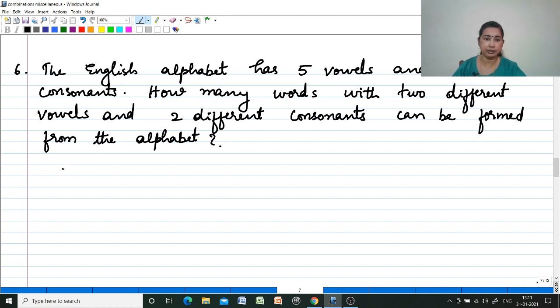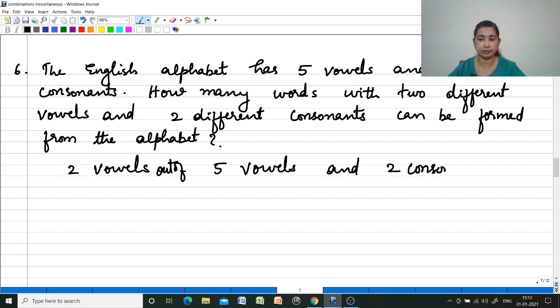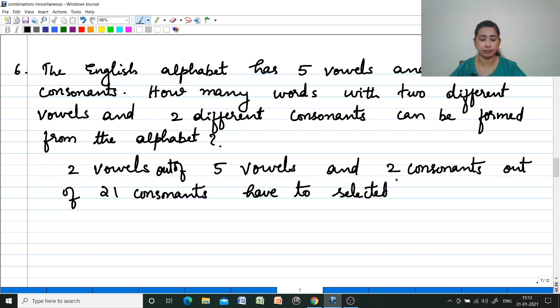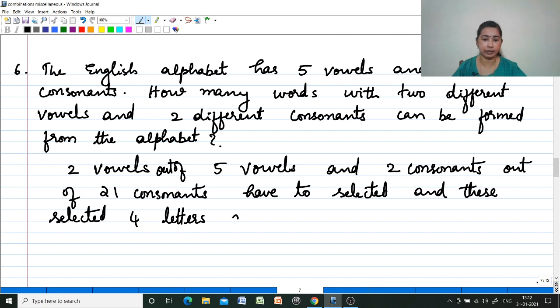So how many vowels and consonants do we have to select? 2 vowels out of 5 vowels and 2 consonants out of 21 consonants have to be selected, and these selected 4 letters can be arranged in 4 factorial different ways.